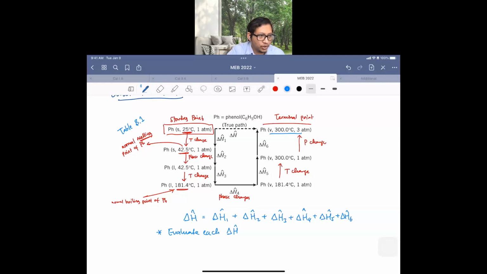What we are going to discuss more is how to evaluate each of these delta H, but that will be a later case for the next section.